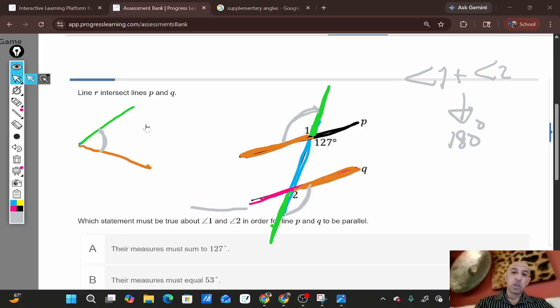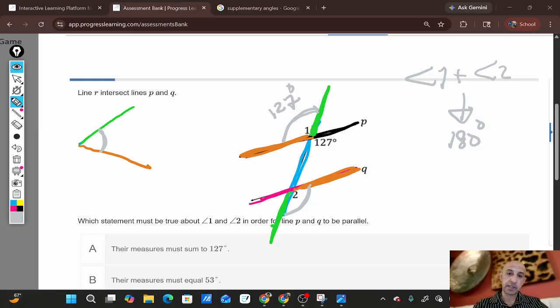So for the two lines to be parallel, like P and Q, let me erase this first. For the two lines to be parallel, P and Q, first we need one angle. Anytime I give you an angle, that means I gave you the rest of the angles. For example, the angle 127 is equal to angle 1, and this is all the time. So here is 127 degrees. If you have an angle like this, and another angle, look at this angle.